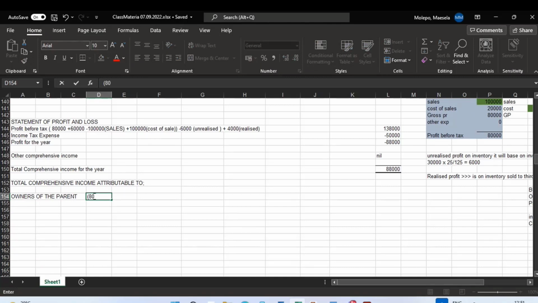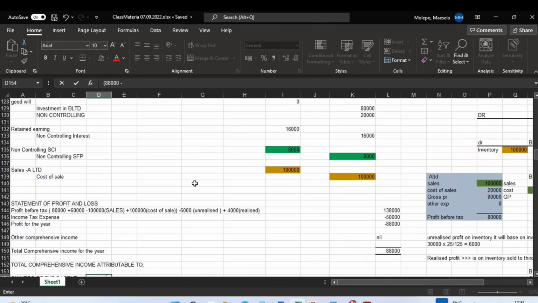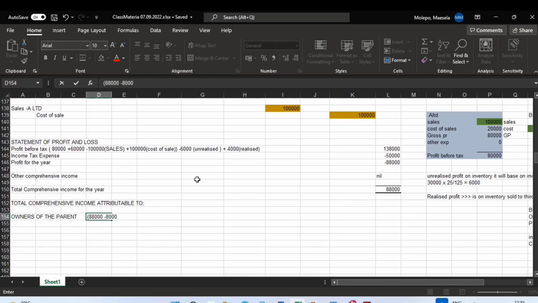So it will be the 88,000 you have, minus this one. On the profit, remember you had that 8,000. You have to deduct it as non-controlling interest. Then you have 80.